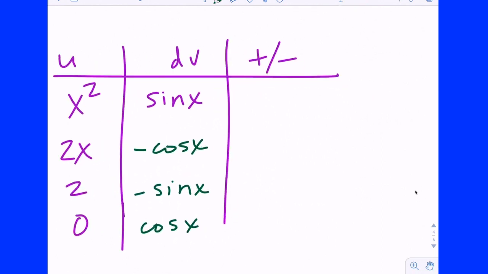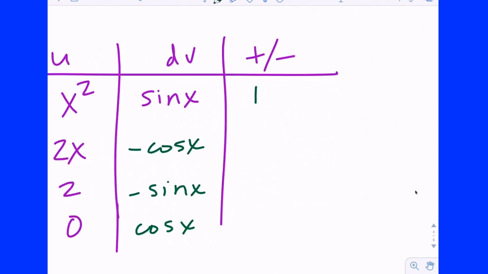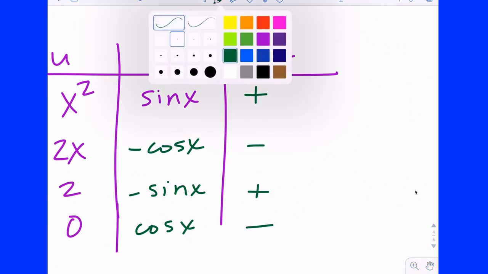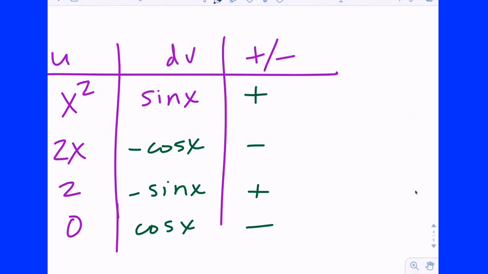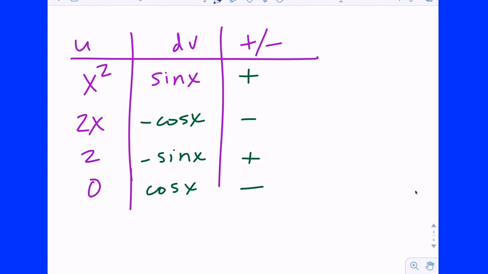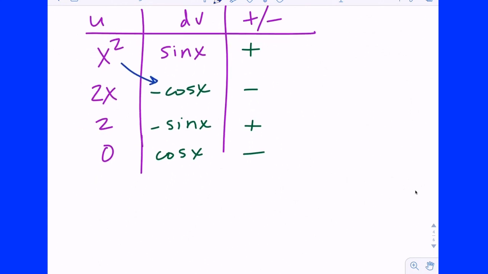All right, on the third column, it's real easy. You're always going to start with the plus, always. And then you're just going to alternate each row, minus, plus, minus. So here is what Jaime was doing in the show. He was doing tic-tac-toe. You always take your first product down the diagonal, kind of like we do in the Zorro method.